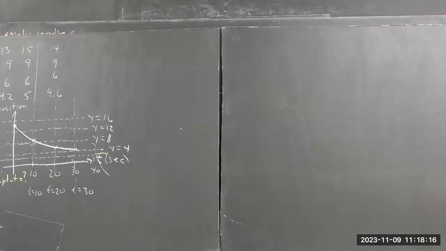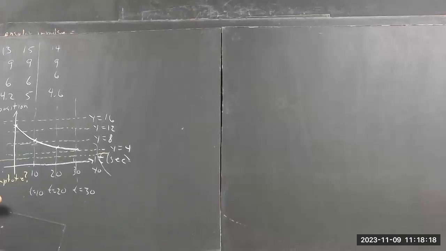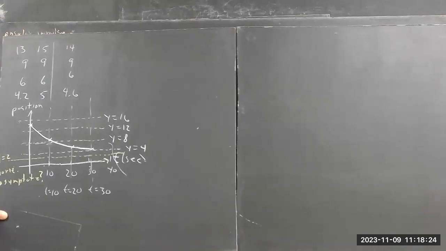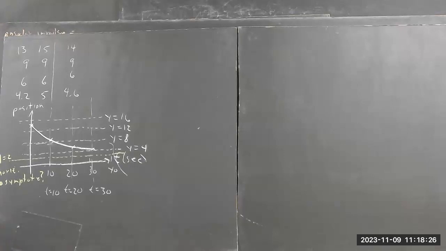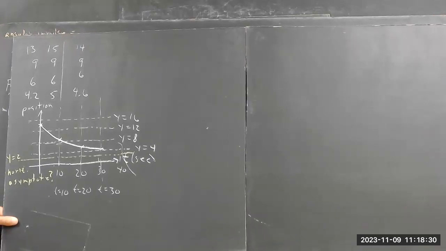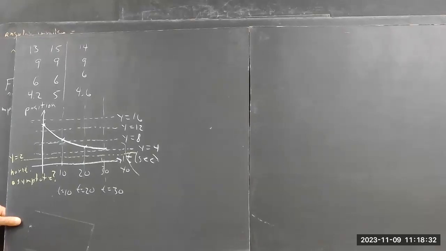Now I've got a question mark on that. Is that my horizontal asymptote? And can I even see that on the board? Nothing falls off. Okay, I think okay.